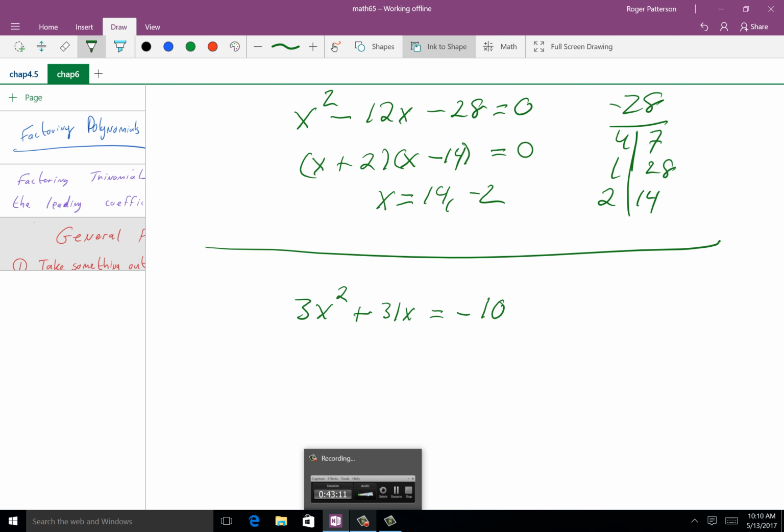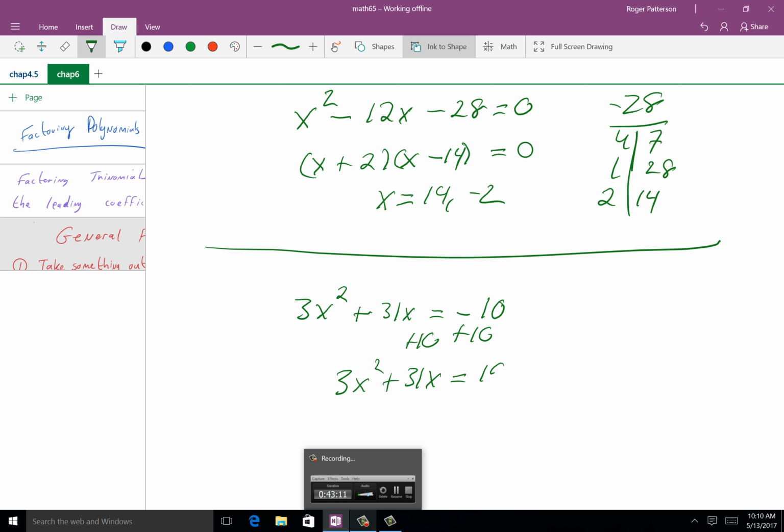Okay, so let's see, what do you want to do to factor this, by the way? AC method or guess method?